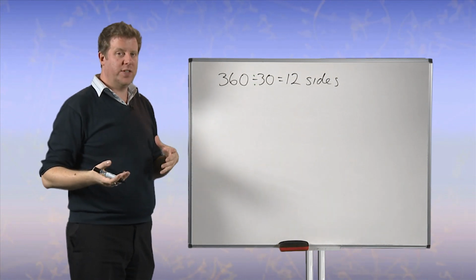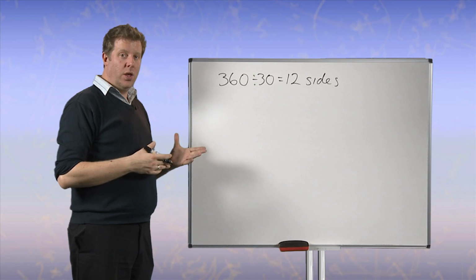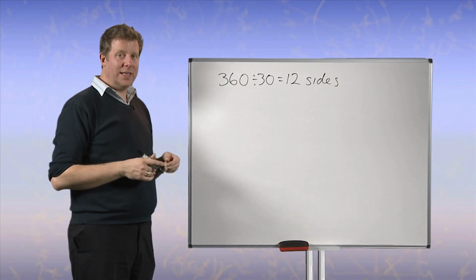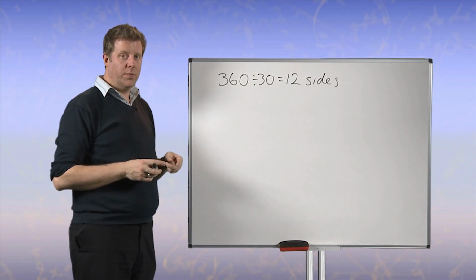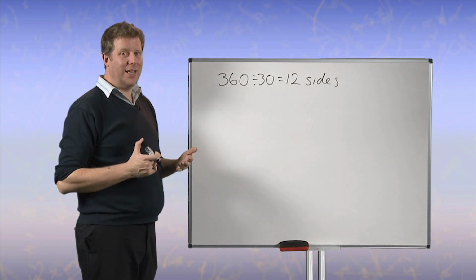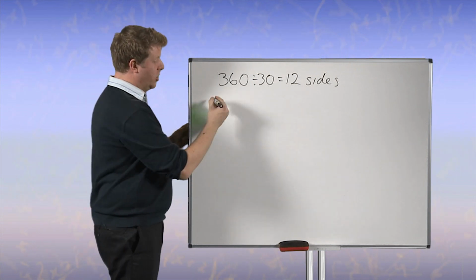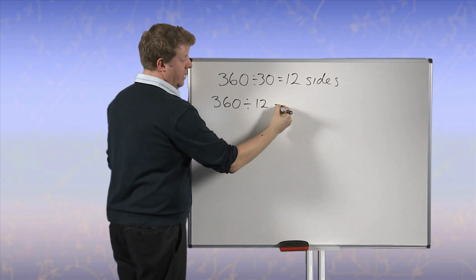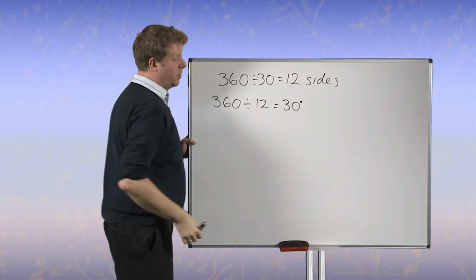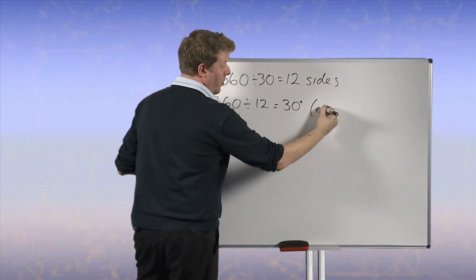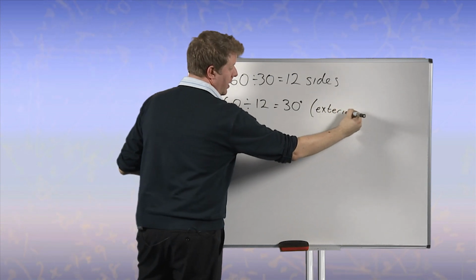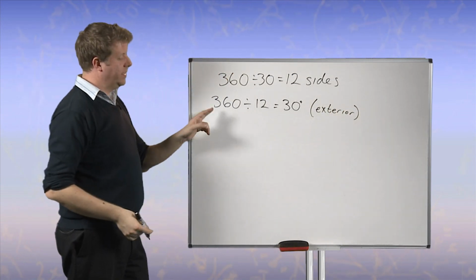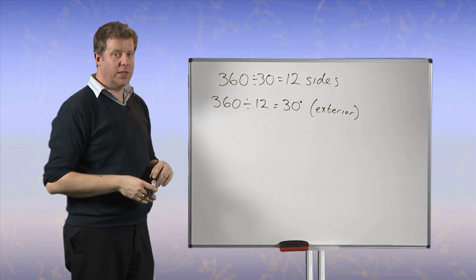Now I know there are 12 sides, I can work out what each interior and exterior angle are worth. Well, I know that an exterior angle of a 12-sided shape would be 360 divided by 12. So 30 degrees. So that's my exterior angle. Quite simply, 30 degrees. 360 divided by the number of sides.